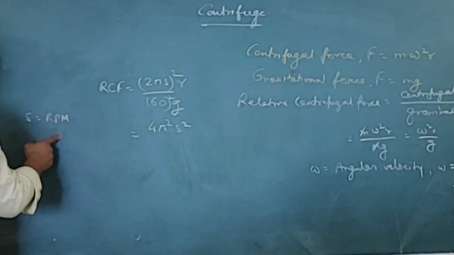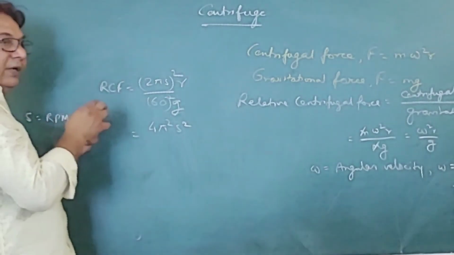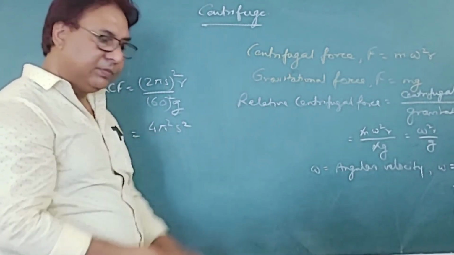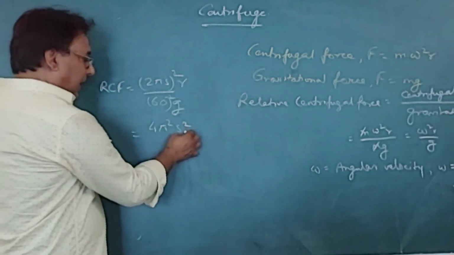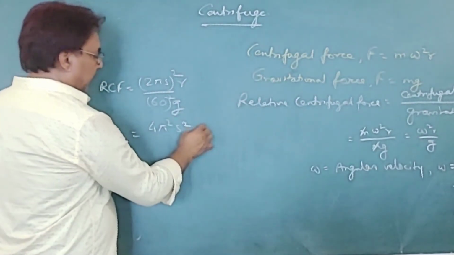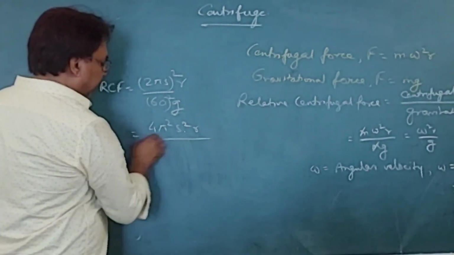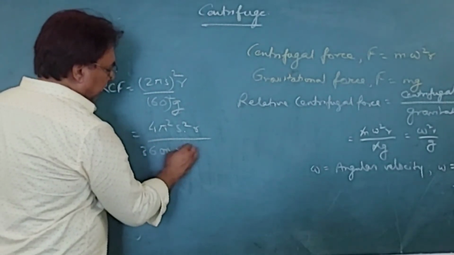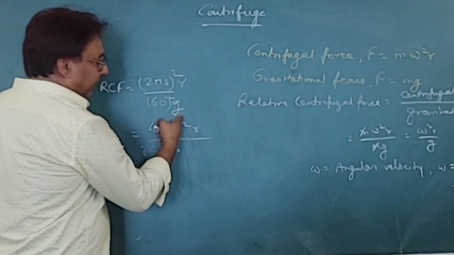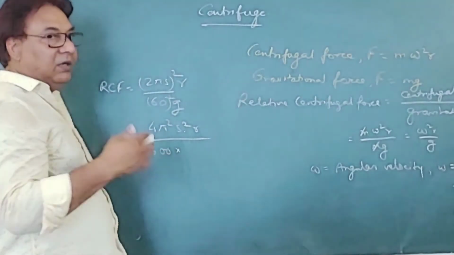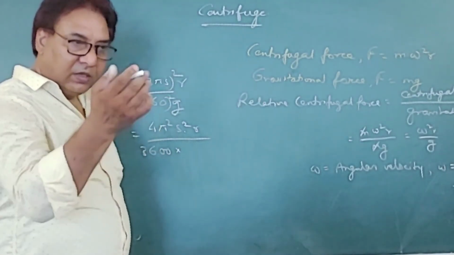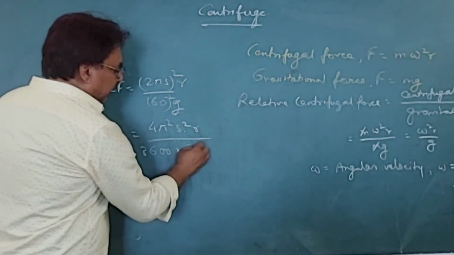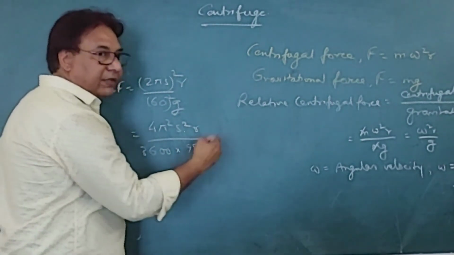You can also write RPM straightaway instead of S. So RCF is 4 pi square RPM square into R divided by 3600 into G. As you know, gravitational acceleration, last day we were talking about that, in terms of centimeters is 980 centimeter per second square.